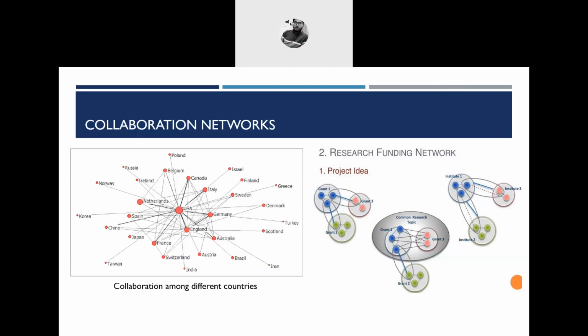Another very important collaboration network is the research collaboration network. That is also studied. So research funding networks can also be studied with the help of complex network analysis to study collaboration networks. Okay.